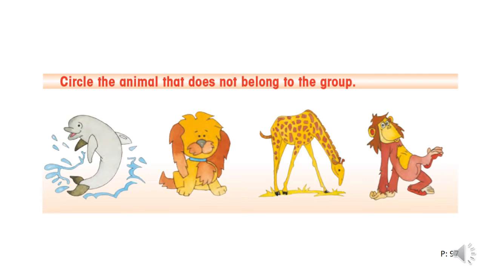Which one doesn't belong to the group? In order to know which one, I have to classify the animals as wild or domestic. Then I will remove the one that doesn't belong to the group. Dolphin.